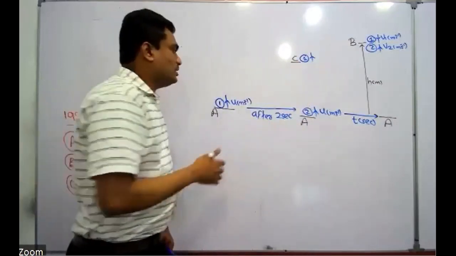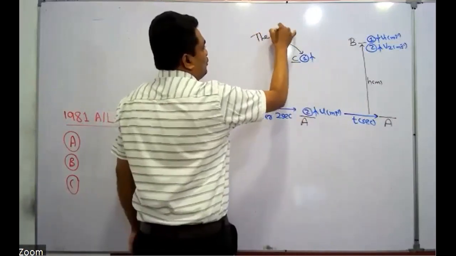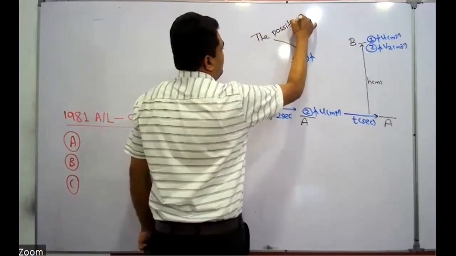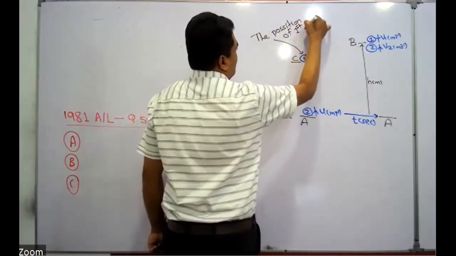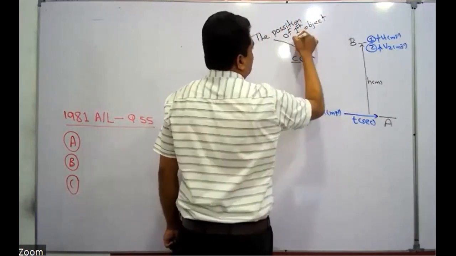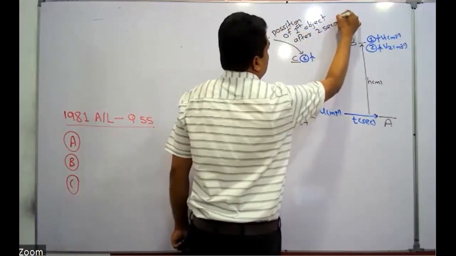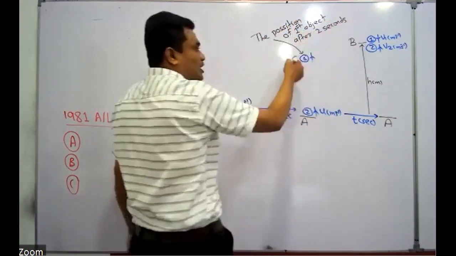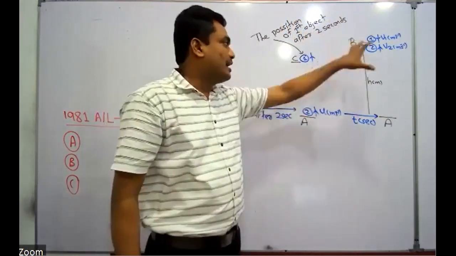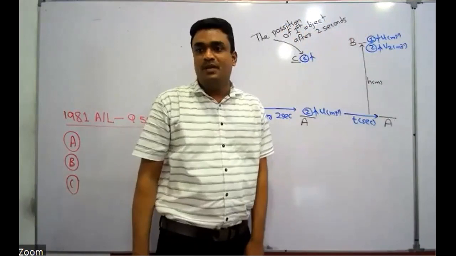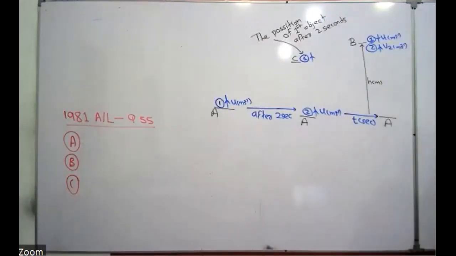Okay, dear? This is the position of the first object after 2 seconds. We do not worry about the position of the first object after 2 seconds. We worry about the time when they meet. Draw this figure here.